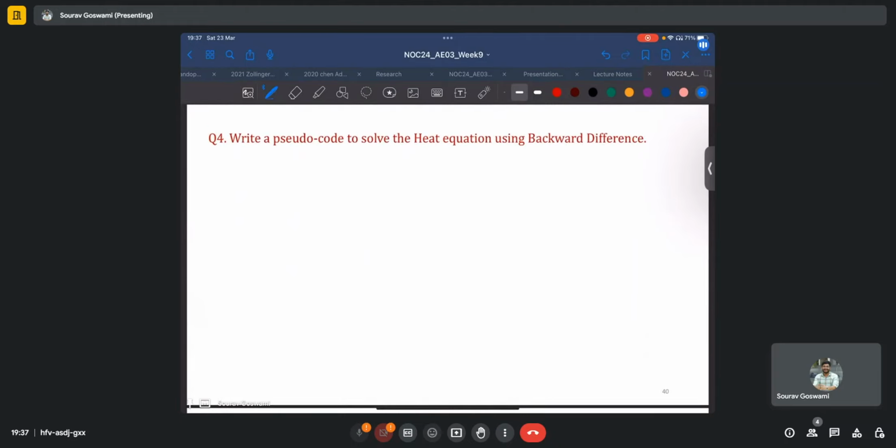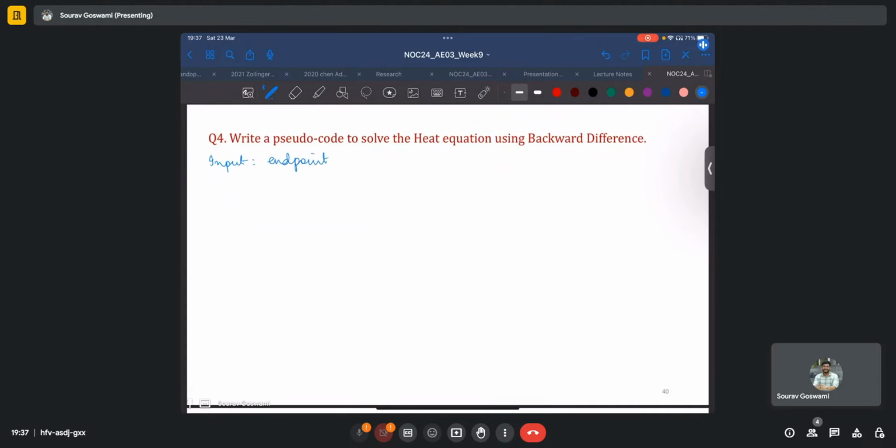And I'll quickly share a pseudocode for solving the heat equation using the backward difference method. This is not as long as the previous one. So we already discussed the standard formulation of the heat equation. I'm not going into that. Let us start with the inputs. This will be a 1D code.